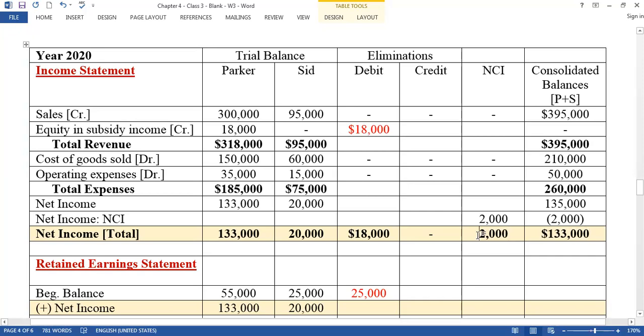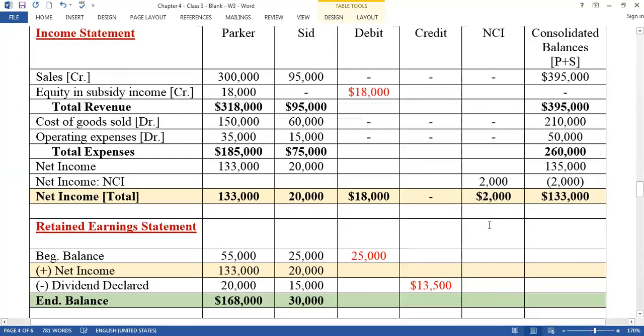So this is the total part of the net income. Okay. So $20,000 is the subsidiary's, right? We already received $18,000, and this is intercompany, so we close it, right?